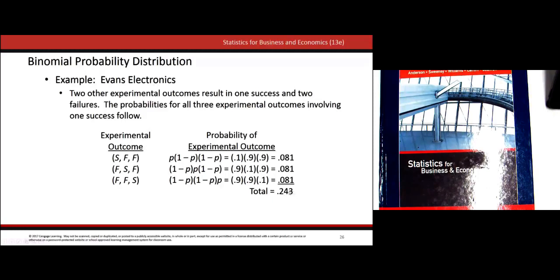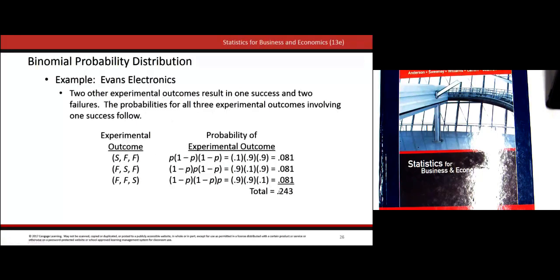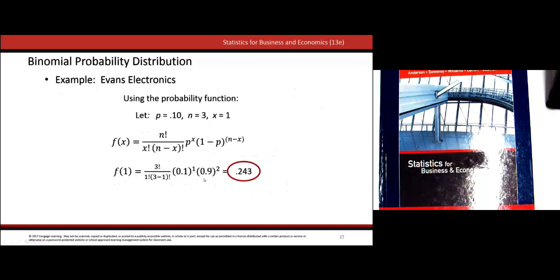And we can calculate other probabilities also. Here we don't use the binomial function, but we can use the function. This is n is 3 factorial, p is 0.1, 0.9 to the n minus x, which is 2, 0.243.